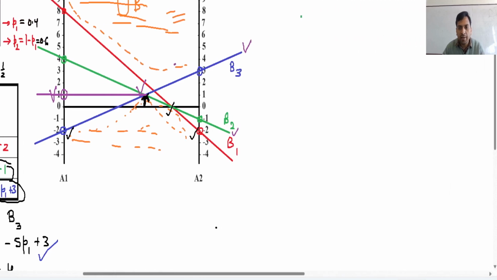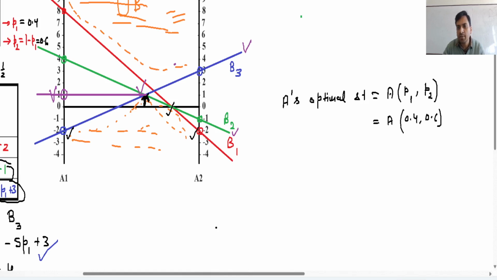So for the final answer, first we will write A's optimal strategy. A's optimal strategy: two strategies are there, and the proportions are P1 and P2, and their weightage is 0.4 for P1 and 0.6 for P2.